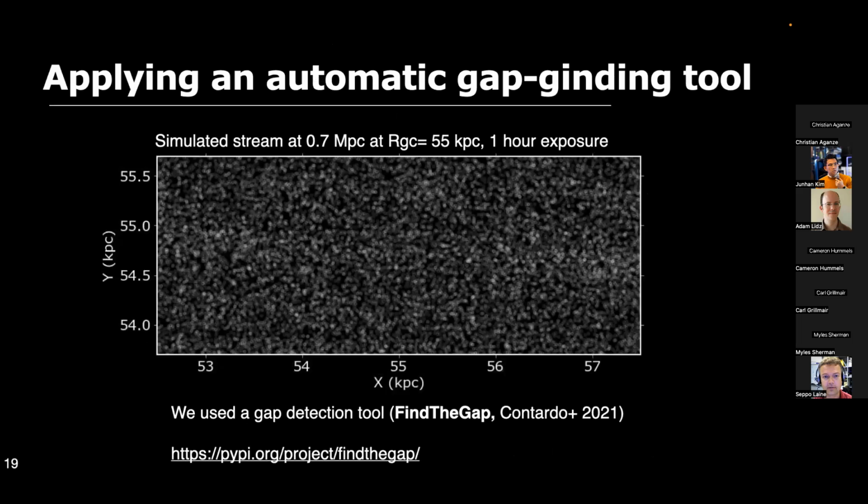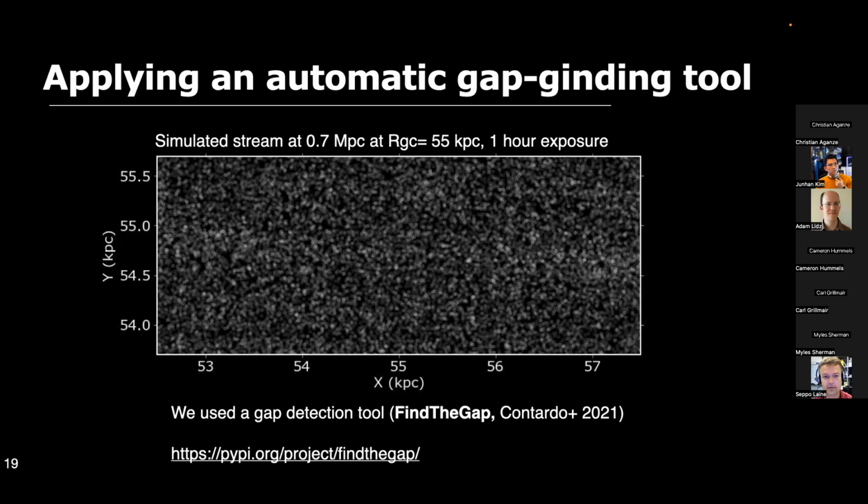This is a tool developed by Gaby Contardo, 2021. This tool is mostly not designed for finding gaps in streams. It's just a general tool that can find any gaps in multidimensional data. The way this tool works is you have a density.